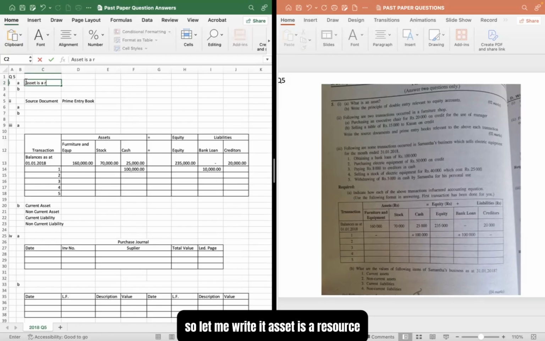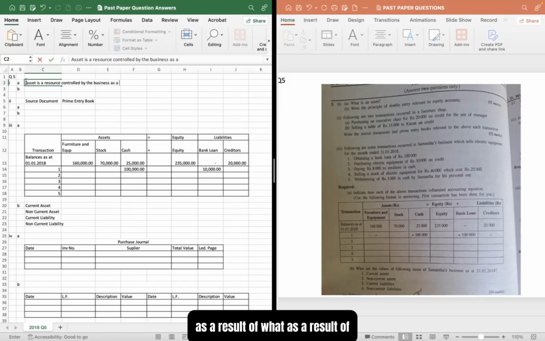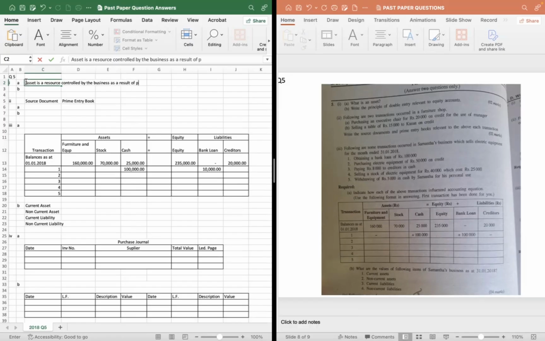Asset is a resource controlled by the business as a result of past transaction and from which future economic benefits are expected to flow.